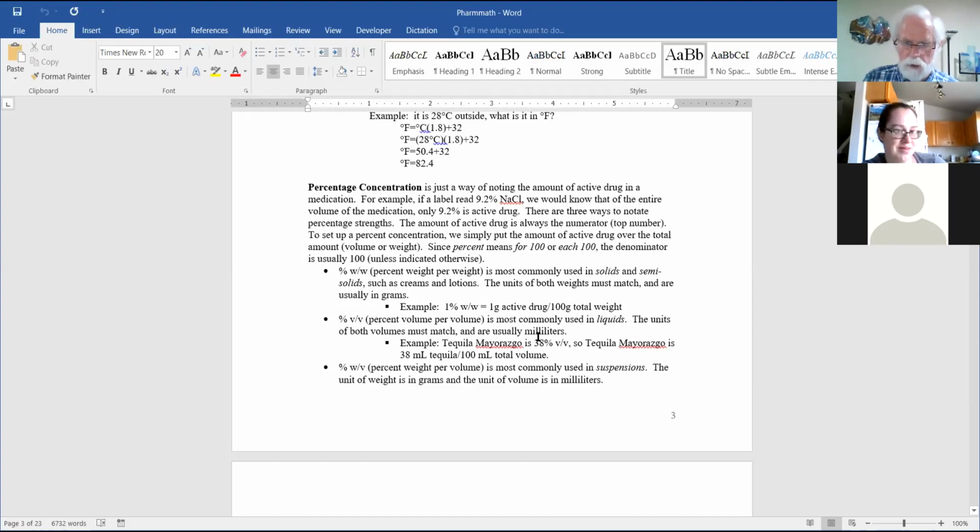Many of these things would be 1%. Mostly, we are looking at liquids. We're talking about grams per 100 milliliters, in terms of percent.